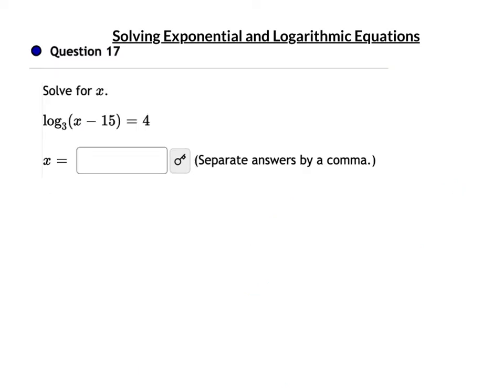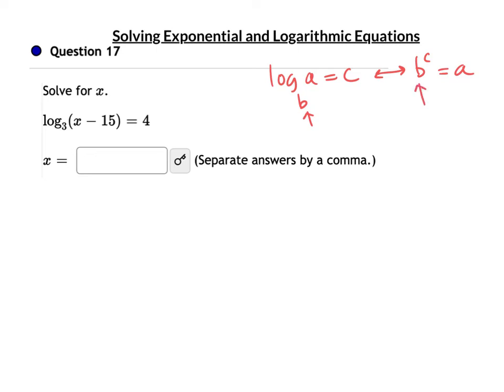Many of these questions, the way to solve them is to write the log as an exponential equation. Remember that the log base b of a equals c is the same thing. This implies that b to the power of c equals a. Note that the base is b. A log is an exponent.